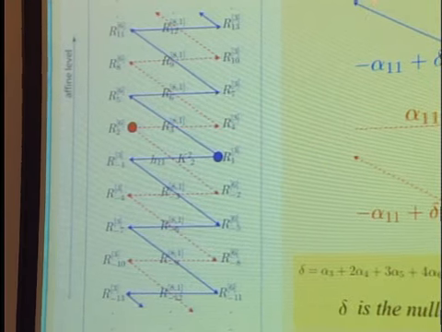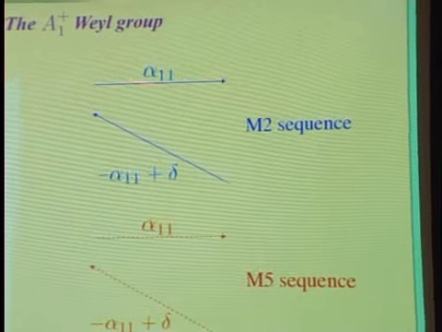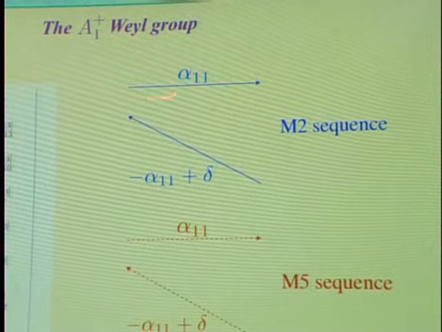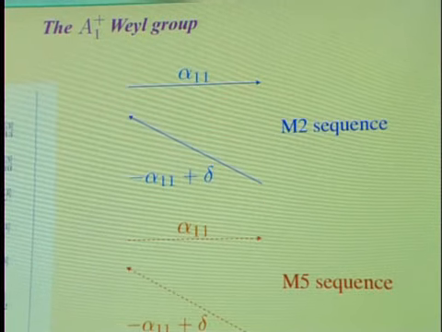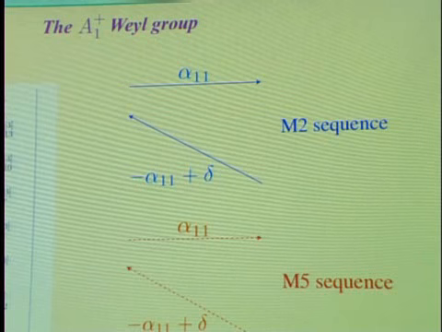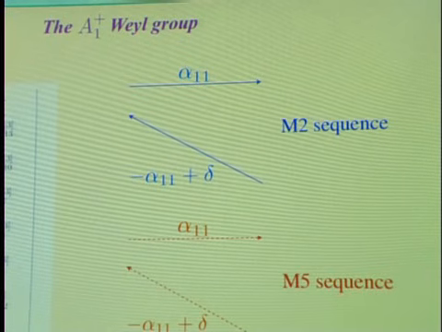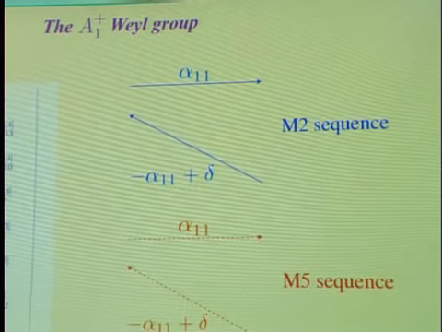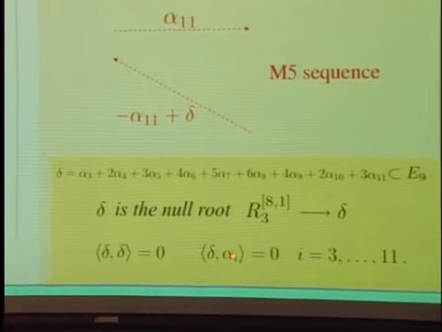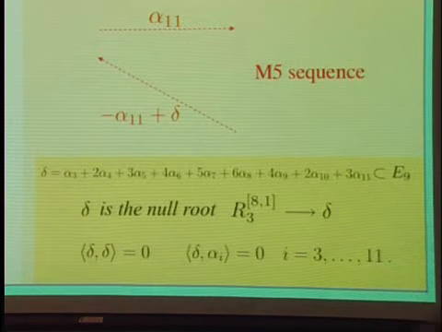Now, here we see that there are 2 Weyl transformations, namely the reflection in the hyperplane perpendicular to alpha 11, and the other is minus alpha 11 plus delta, where delta is precisely the null root which defines the lowest term of this imaginary or null tower that we had before, and which has the property of being a null root, commuting with, and having a zero scalar product with, all the roots which start with 3, which in fact belong to E9 and not to E10.